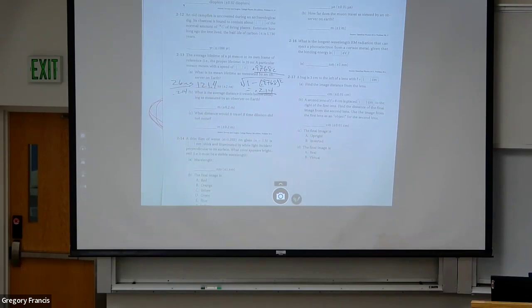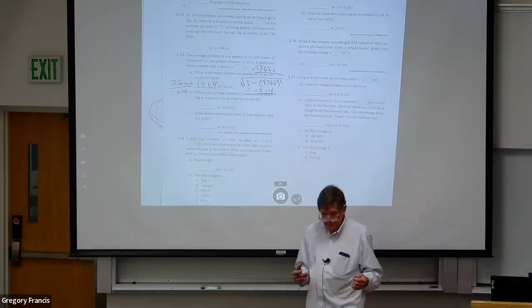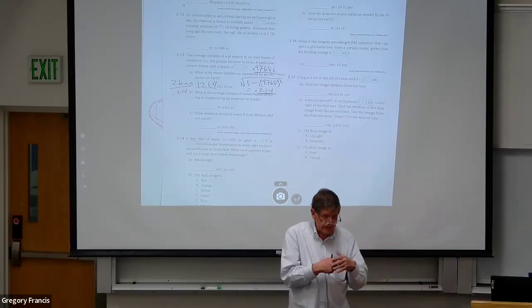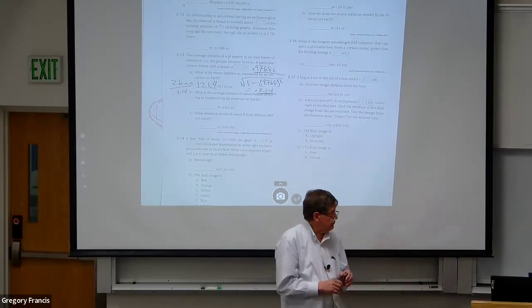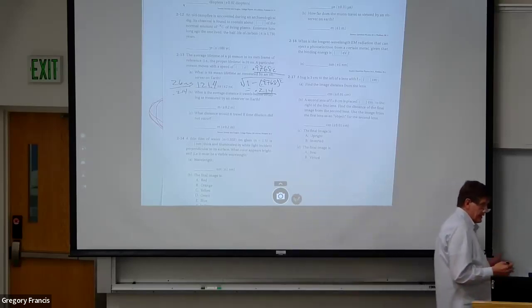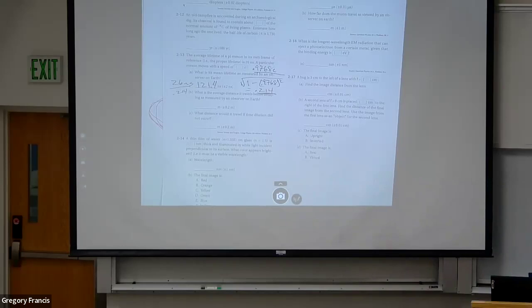Now, what is the average distance it travels before decaying as measured by an observer on Earth? Well, because of that first postulate of relativity, we all got to measure the same thing for the speed of the pi meson. We all got to agree that it's going at 0.9768 the speed of light. What we don't agree on is how long it lived.